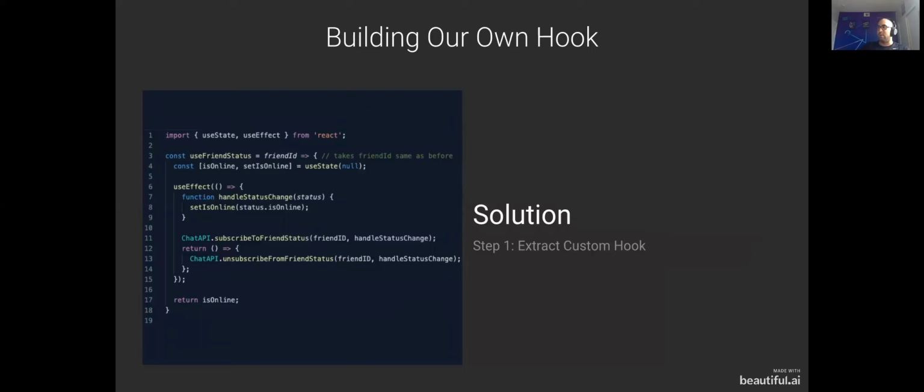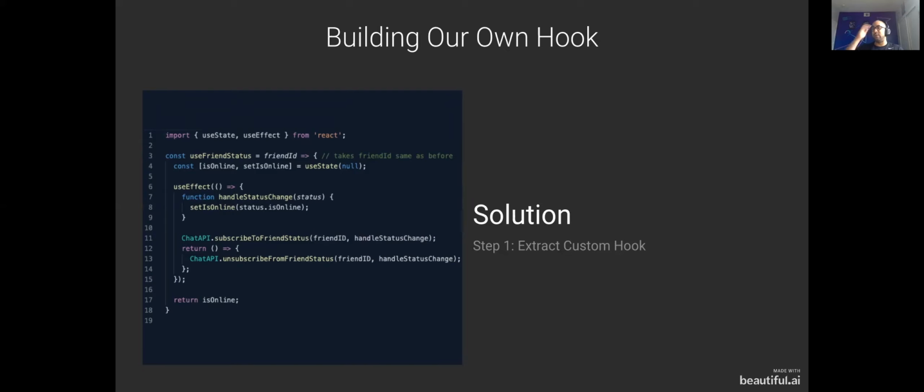Some things to note from this way of doing things is that if you do create your own state hook, they typically are prefixed with the word use. So you can see on line 3, it's called useFriendStatus because it is a hook, and we want to make sure that it's being used appropriately and named appropriately.